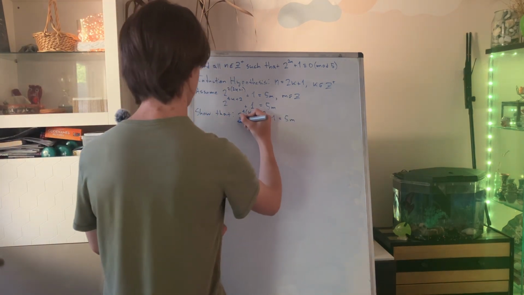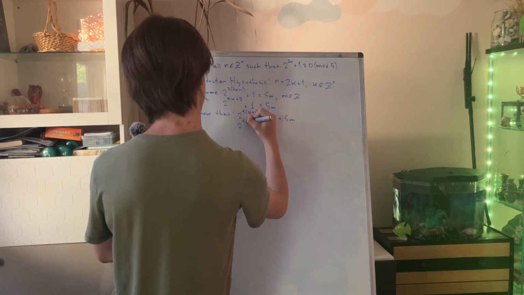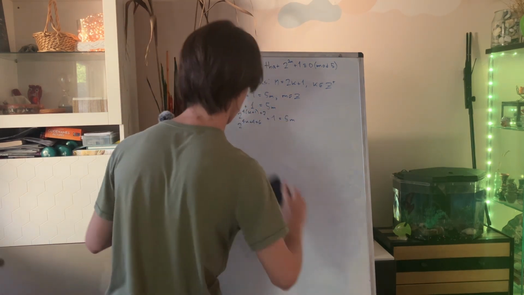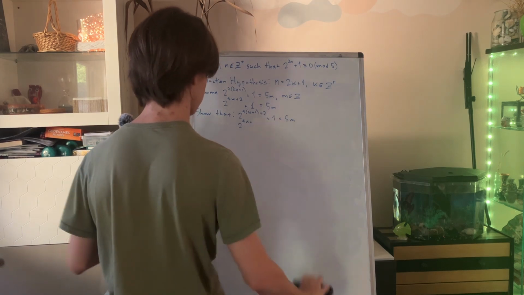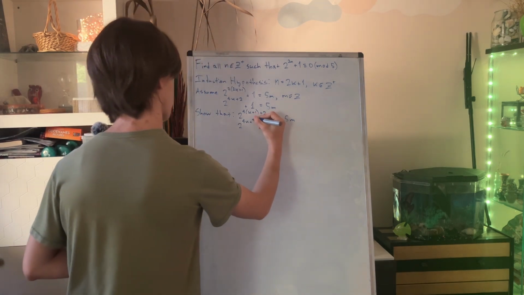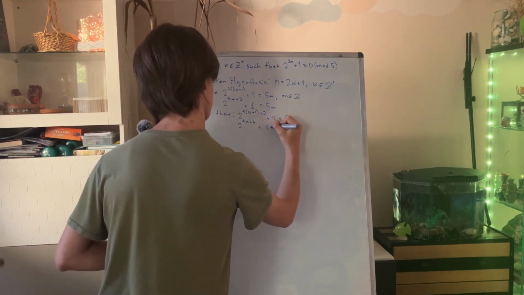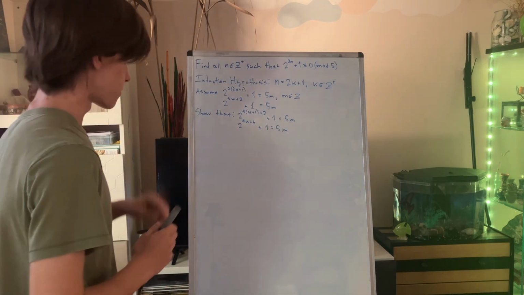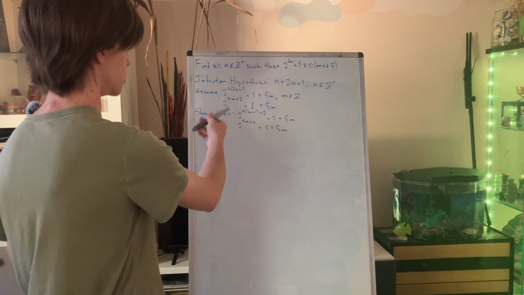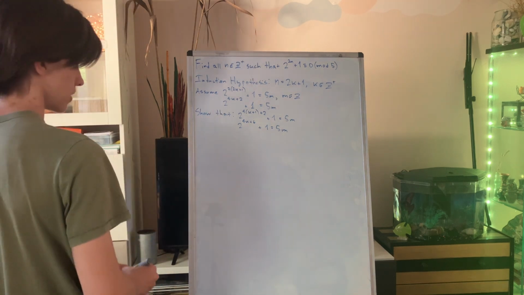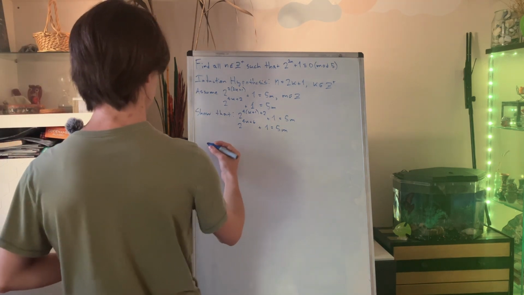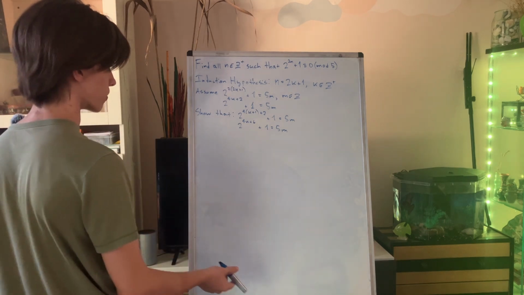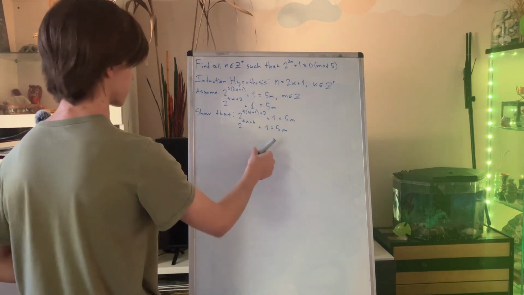Or simplified again, it's 2 to the 4k plus 4 plus 2, which is 6, plus 1 equal to 5m. All right, we have to show that, and we're going to be using our assumption. So let's go on with our assumption and just multiply it by 2 to the power of 4, because then we get what we have to show.